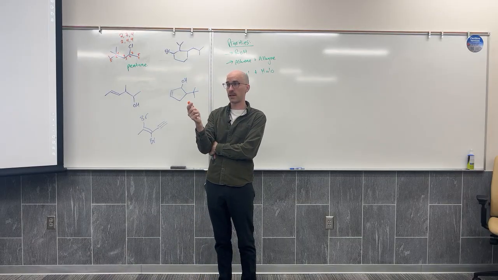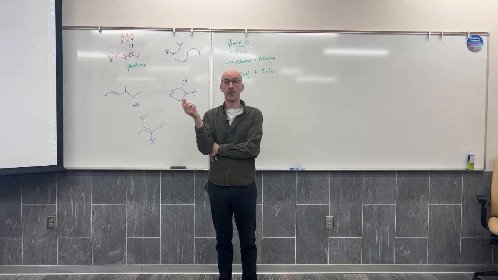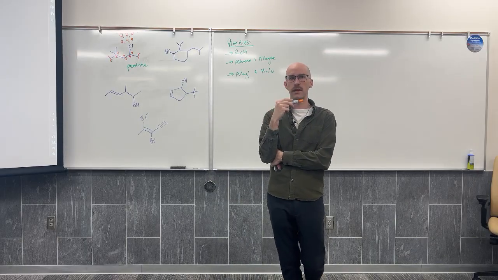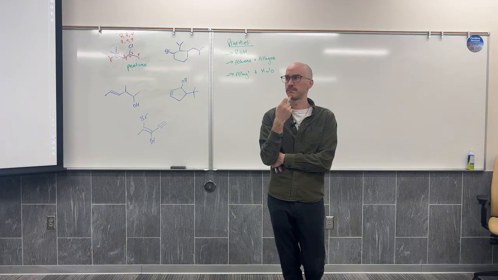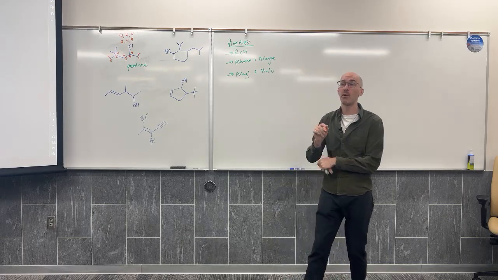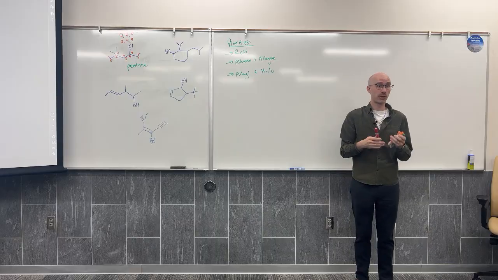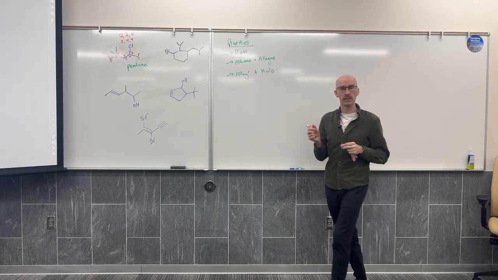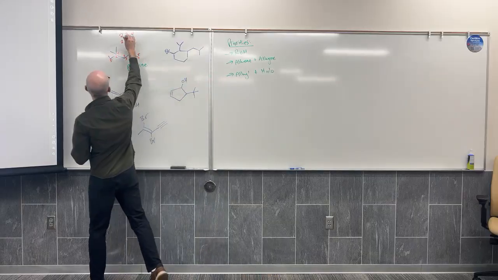Sounds familiar, right? The idea of numbering both directions to find different locant sets. Which of these is a lower locant set? Why is the first one lower? They both start with 2. It's lower at the first point of difference, and that's what we're going for. It's not just the lowest locant set, it's the lowest locant set at the first point of difference.